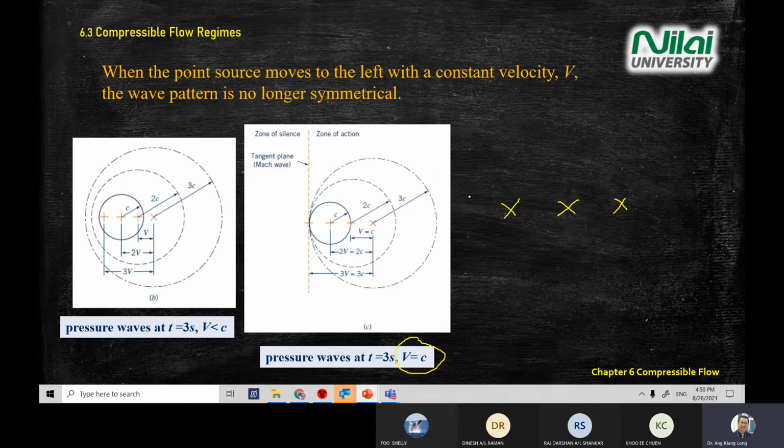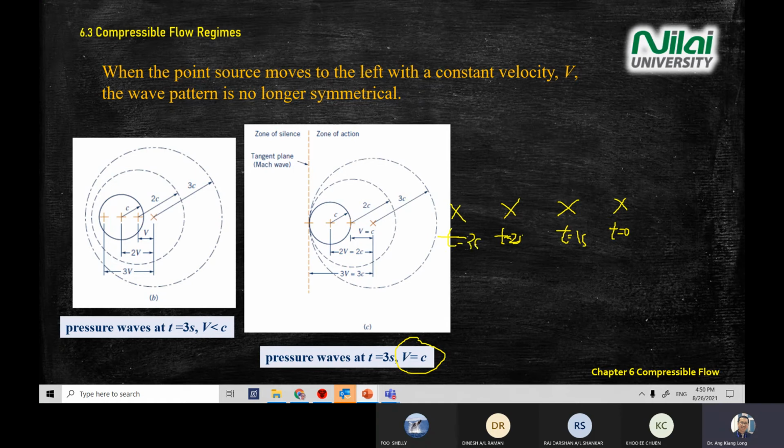Maybe I'll just take this one as T0, T1, T2, 2 seconds, and so on. And this one, T equal to 3 seconds.